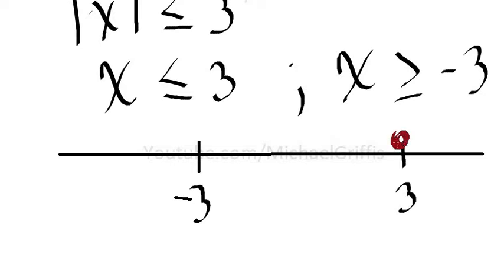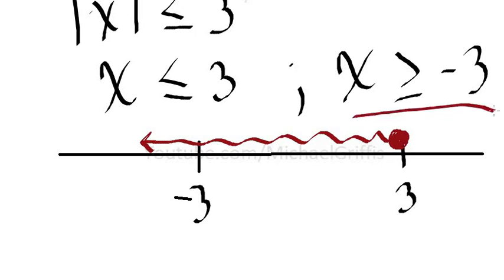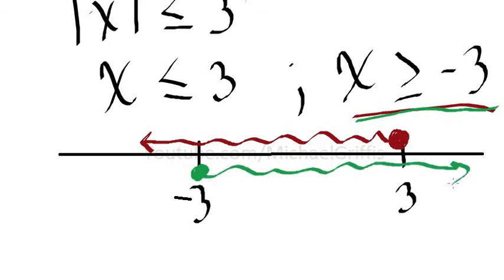We're going to put a closed circle here and everything left of 3. Then x is greater than or equal to negative 3. We'll use green for that one. Let's do a closed circle here.